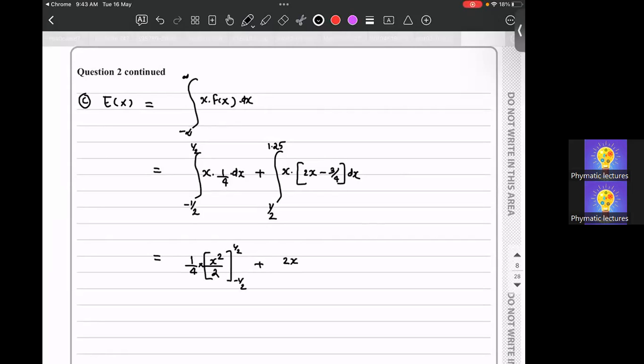So 2x square ultimately becomes 2x cube by 3 minus 3 by 4 x square by 2. That we integrate from 1 by 2 to 1.25.